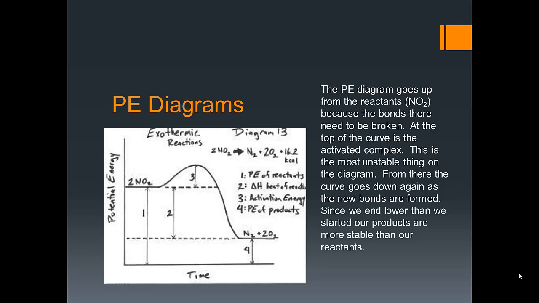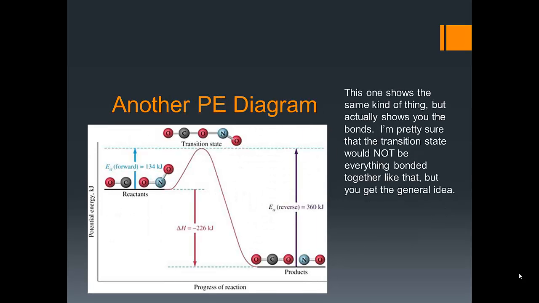On the next page is the second diagram, kind of similar, but this one shows you more specifically the amount of energies involved. So here we're doing a reaction between carbon monoxide and nitrogen dioxide. To break the bonds is going to require 134 kilojoules. Here they show you what they are claiming is the transition state, but I'm pretty sure that's not what's actually going to form there.